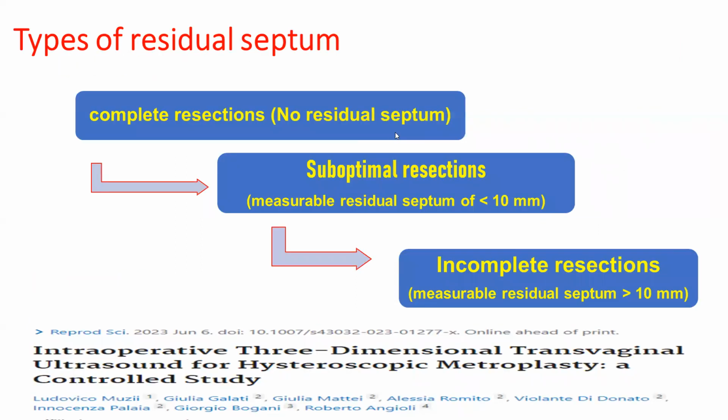Importantly, to define the residual septum: if it is less than 1 centimeter as measured by ultrasound or 3D, particularly 3D, it is called suboptimal resection, which means the resection is good, but it would be more optimal if you incised this part, which is less than 1 centimeter.